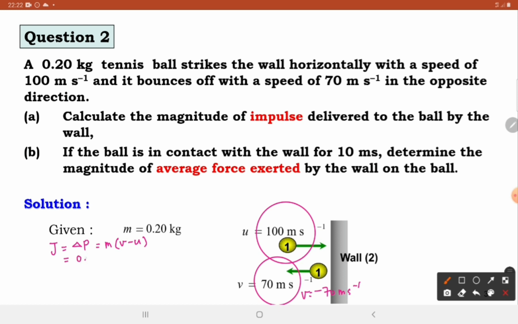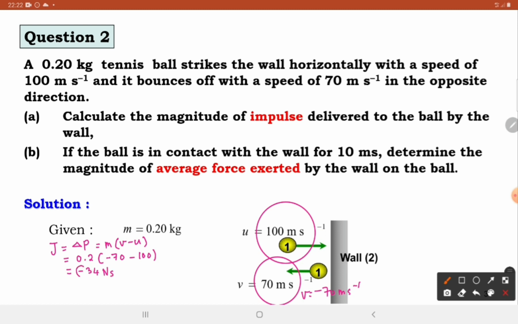Substitute the value of m. The mass of the tennis ball is 0.2 kilogram. The final velocity is negative 70, and the initial velocity is 100 meters per second. Finally, you get the impulse delivered to the ball by the wall as negative 34 Newton second.